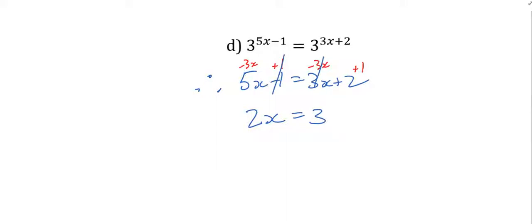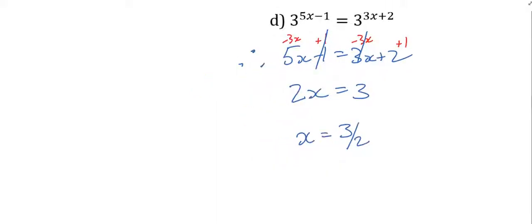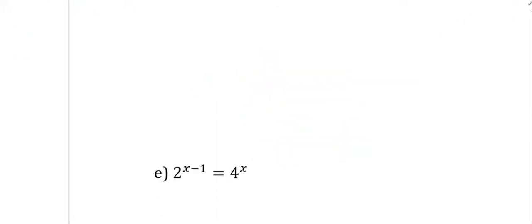This is gone and this is gone, right? Divide both sides by 2 and I get x equals 3 over 2. Any questions? Okay, let's keep trucking. Here's our next example.